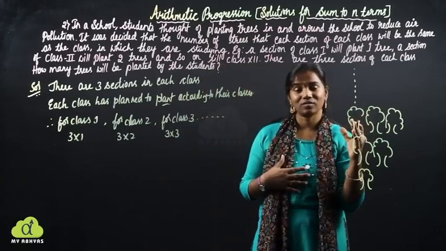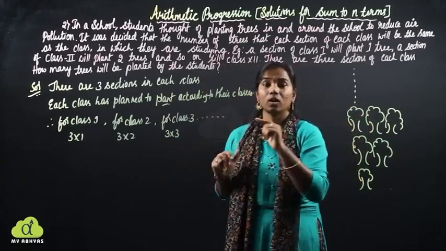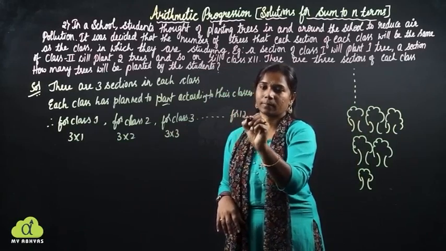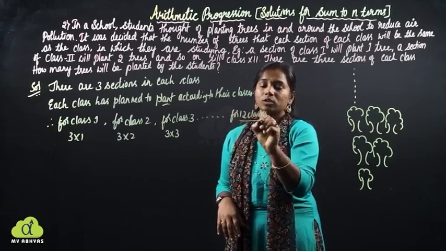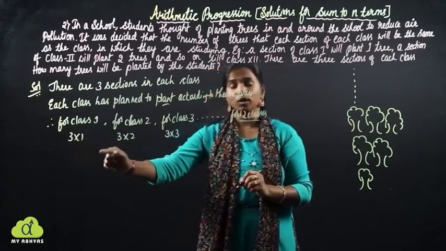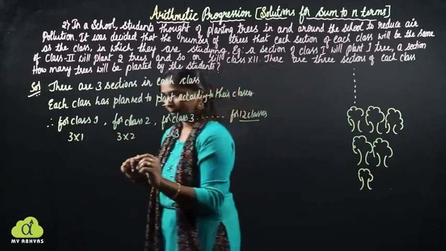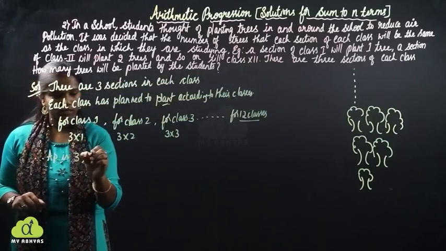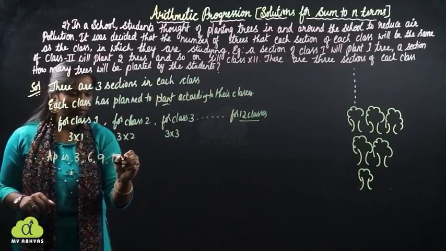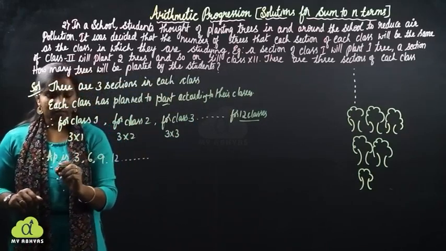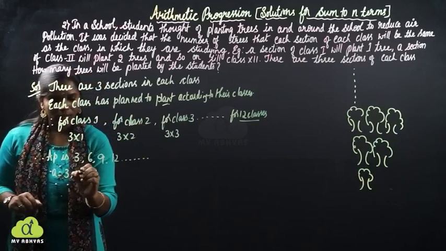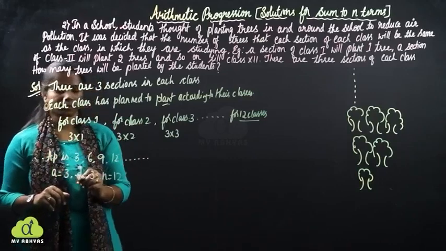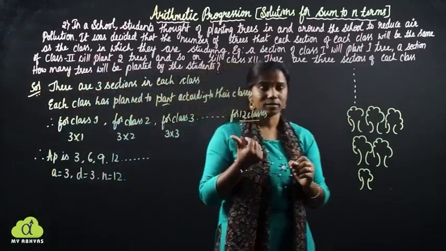It moves on for 12 classes. Now shall we form the AP? So 3 into 1 is 3. Therefore the AP is 3, 6, 9, 12 and so on. Therefore a is equal to 3, d is equal to 3, n is equal to 12. Why 12? Because there are 12 classes.